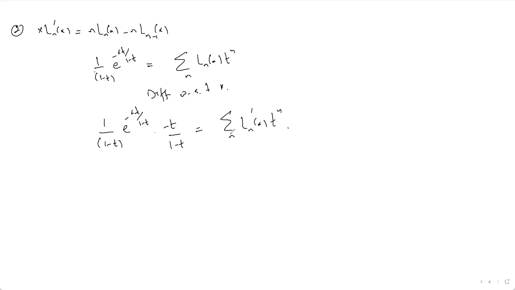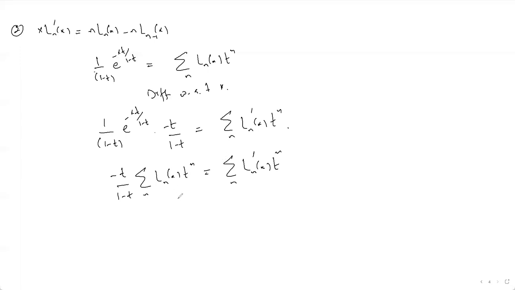Or you can just write this, because you know that this is a generating function, as minus t divided by 1 minus t summation over n l n of x t raised to power n equal to summation over n l n prime of x t raised to power n. I'm quick because this is very simple, and you just give it a try later yourself.